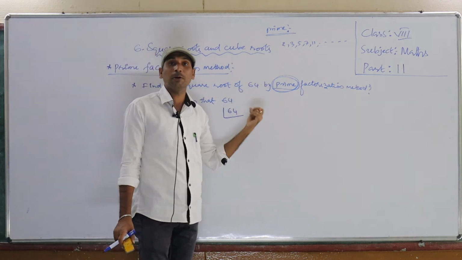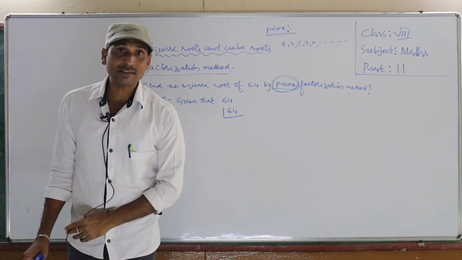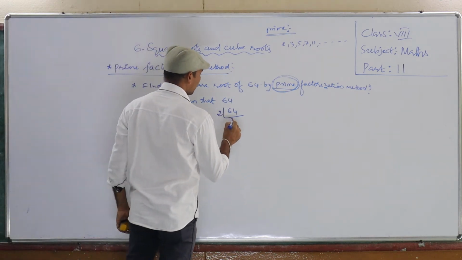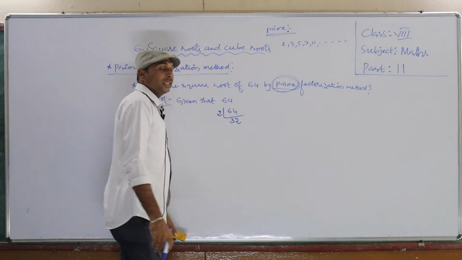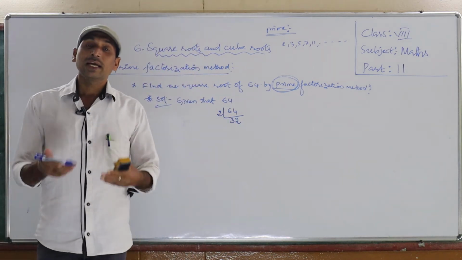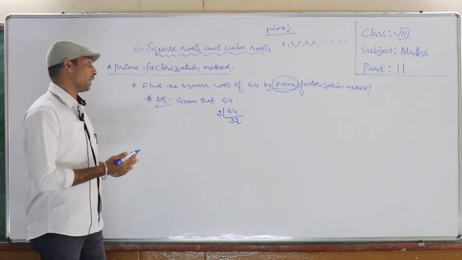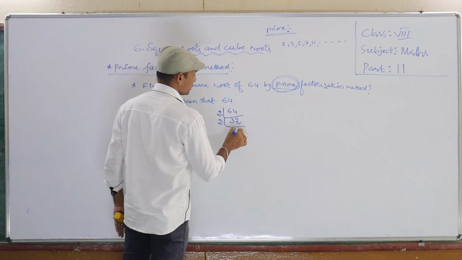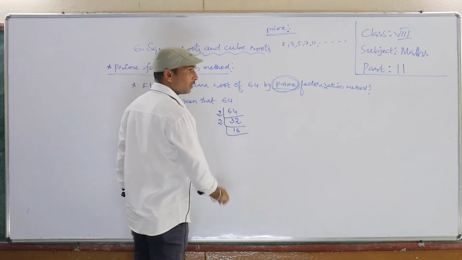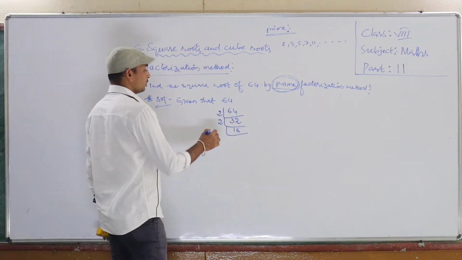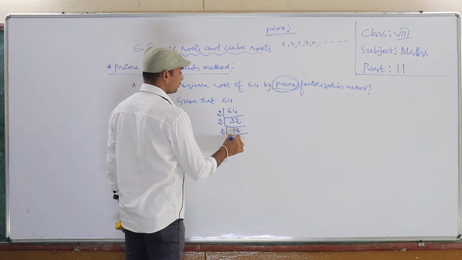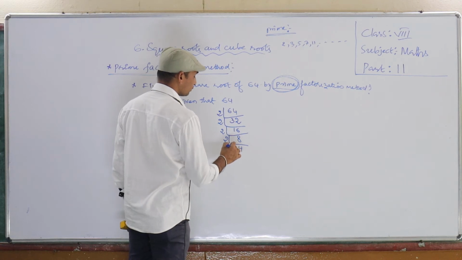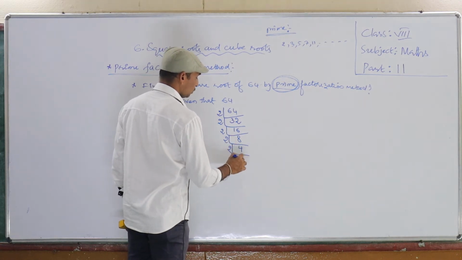Means in the 2 table, 64 will get cancelled? Yes. 2 32s are 64. Again 32 also is in the 2 table, so take 2 only. 2 16s are 32. Next 2 8s are 16. Next 2 4s are 8. Next 2 2s are 4.